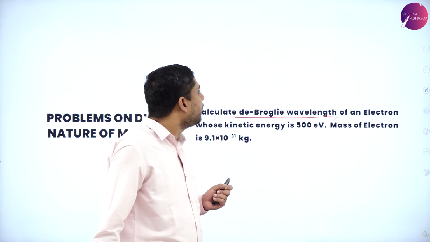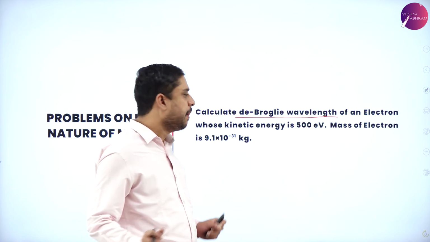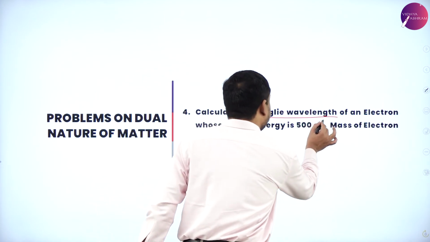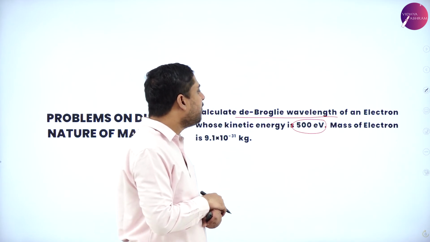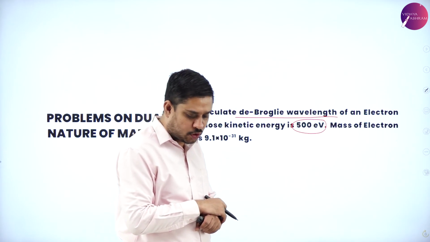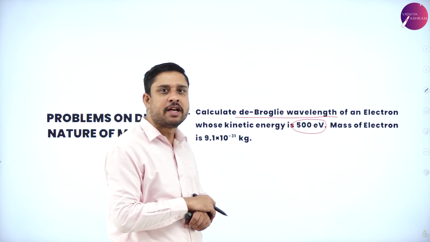Calculate the de Broglie wavelength of an electron whose kinetic energy is 500 electron volts. Mass of the electron is given.